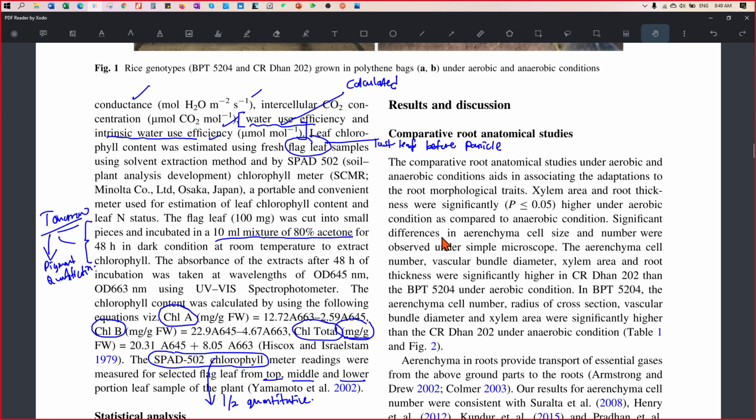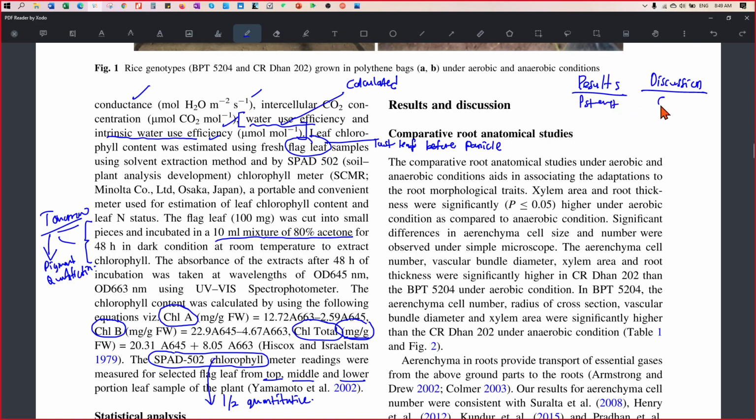Okay, results and discussion. Some journals combine them, like this one. Many other journals separate them. They have a separate section for results, a separate section for discussion. Results are usually in past tense.